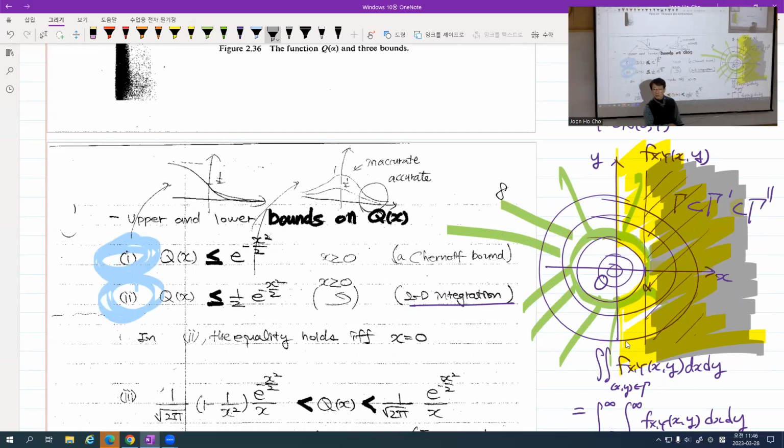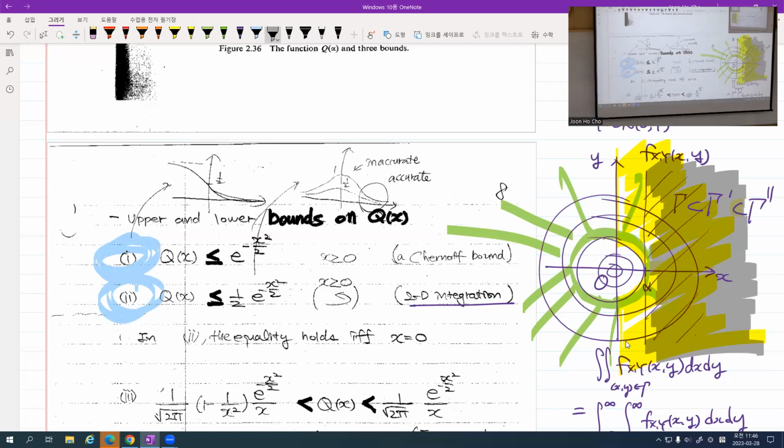What if you use polar coordinates without bounding? See that? This technique is actually using polar coordinate integration. But in order to apply that easily, we have to introduce gamma double prime, which eventually gives us an upper bound, right? However, what if we still use polar coordinates to integrate that one, but we want to keep the equality? What do we do?